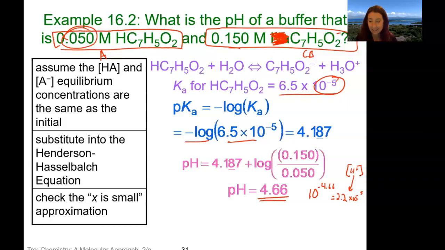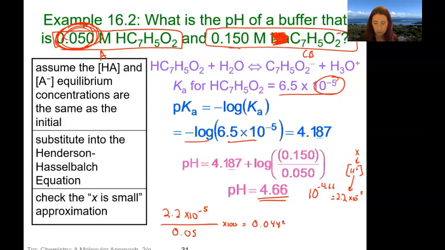That's your X in your ice table. And so we're going to take our X over our original concentration, times 100, and we get 0.044%, which is definitely less than 5.